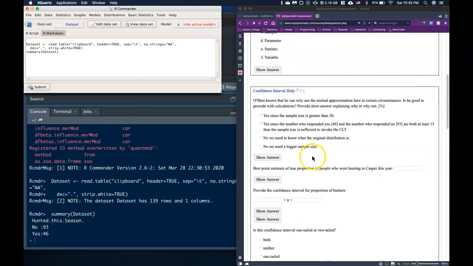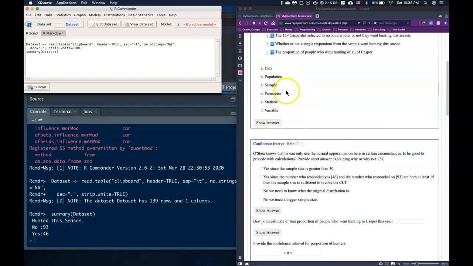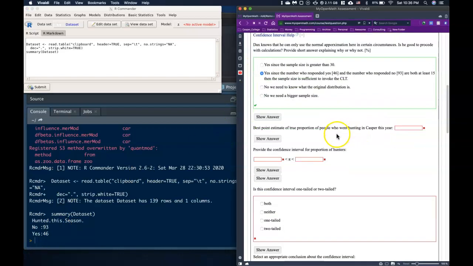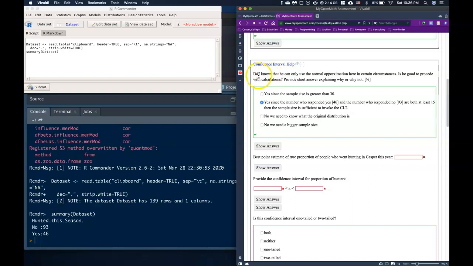Those are both greater than 15, so we know that we are good. Let's take a second to change this O'Shea to be the right person, Dax. Now it's actually Dax. Notice that you can only use this normal approximation, and we were correct when we did this.